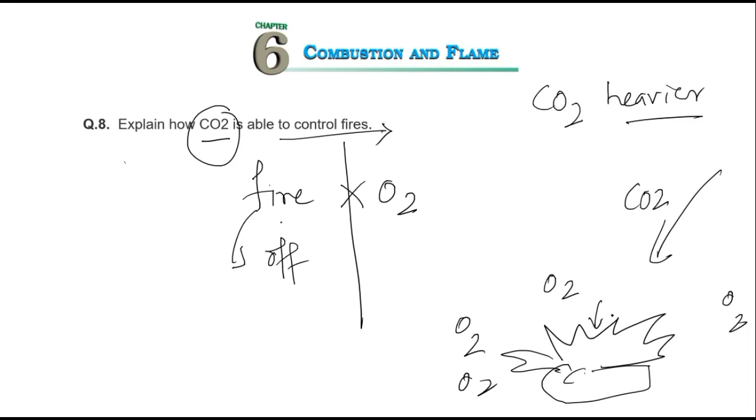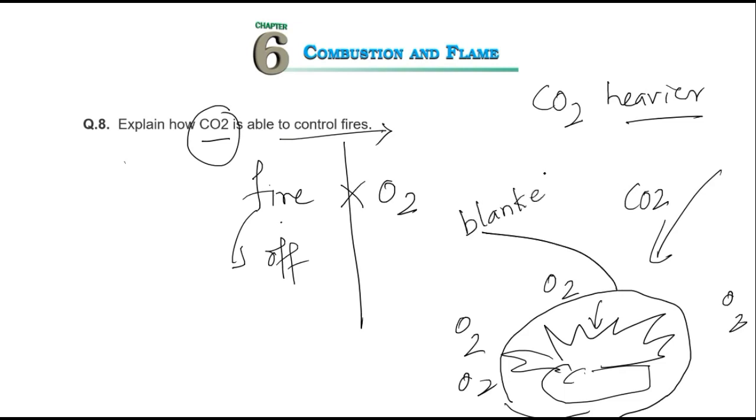Carbon dioxide goes down because it's heavier, and when it goes down it makes a blanket of carbon dioxide over it. So it creates an envelope of carbon dioxide around it, and the oxygen, which is a supporter of combustion, will get cut off. That's how it controls fire.